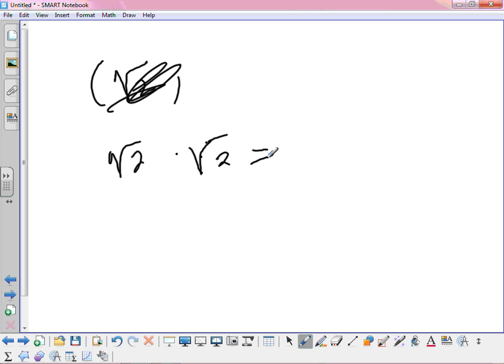If I write square root of 2 and I multiply times the square root of 2, then what's the answer? Because that's supposed to be what the square root of 2 means, right? The number that you would square to get 2. Now, if I write 2 to the 1/2 and 2 to the 1/2, and I do exponent rules, this would be 2 to what exponent?